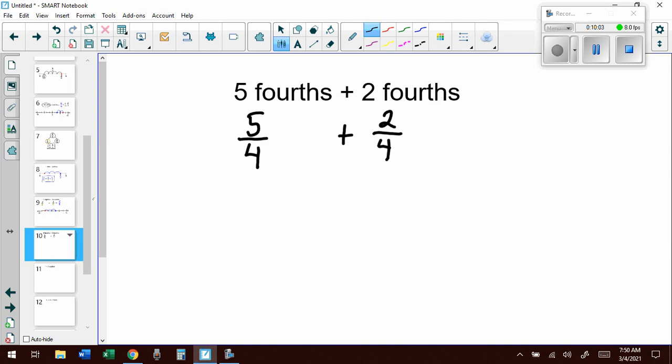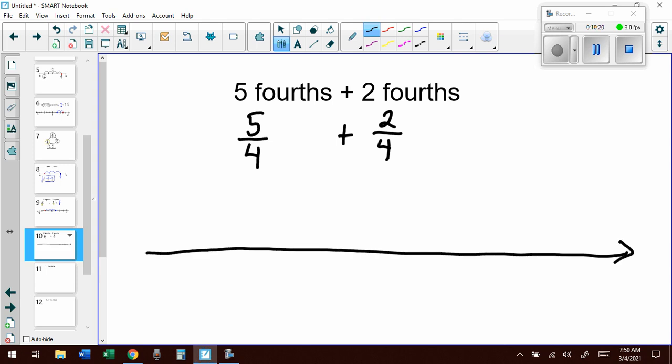So we notice that one of these fractions is greater than 1/2. However, we have like denominators, so I guess you could say it's not anything new to us. We use that information that one of them is greater than 1/2, and we're adding, so we need to partition this number line from 0 to 2.